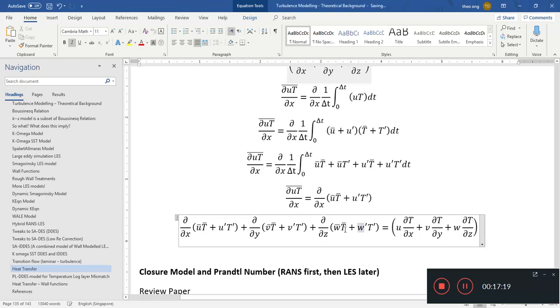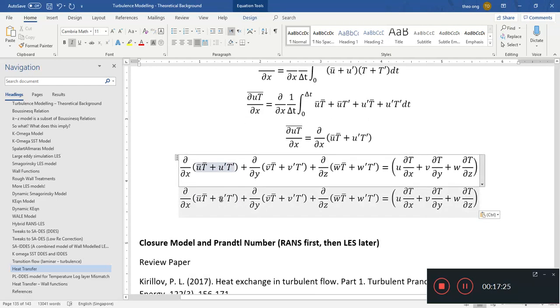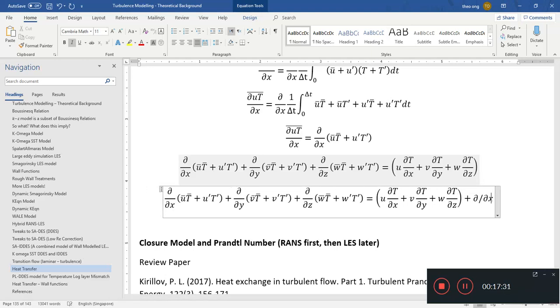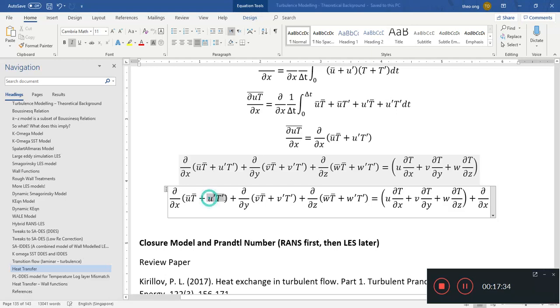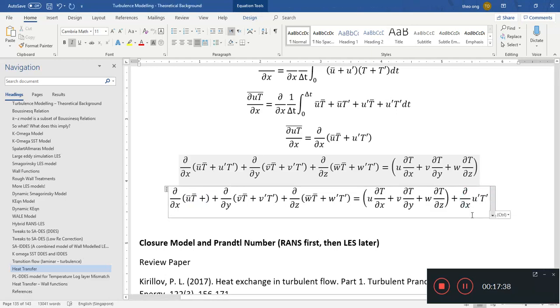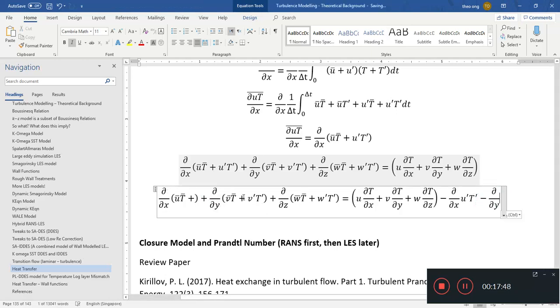Okay, and I can bring the varying terms, these terms, to the other side, like so. u prime t prime. Oh, this should be a negative. And v prime t prime.